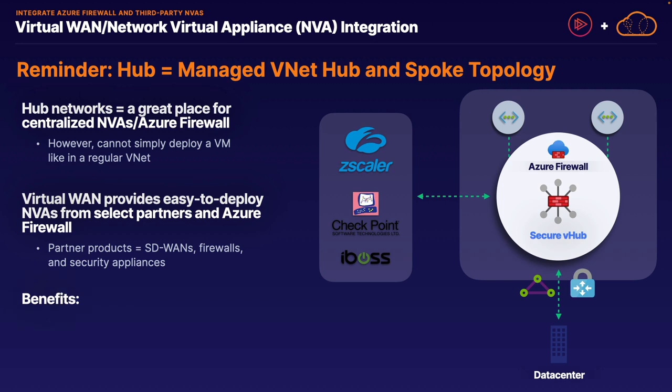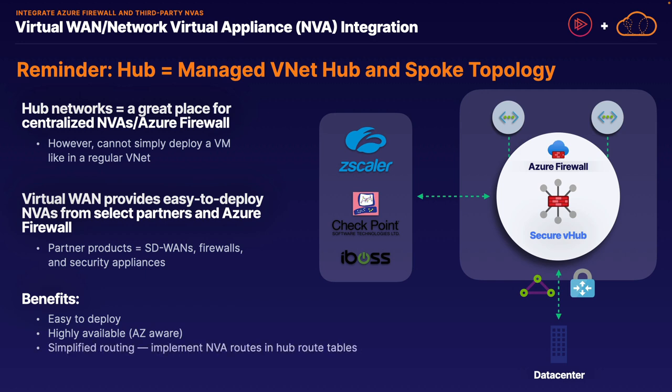Not surprisingly, deploying virtual appliances into a virtual WAN has a number of benefits, which include being overall pretty easy to deploy. They are highly available by default in that they are availability zone aware, and routing is a relatively simplified process in which you merely need to implement your virtual appliance routes alongside your virtual hub route tables like we talked about in a previous lesson in this section.